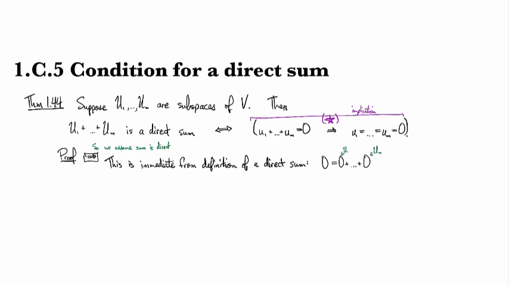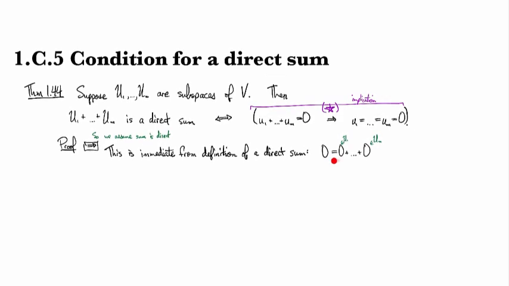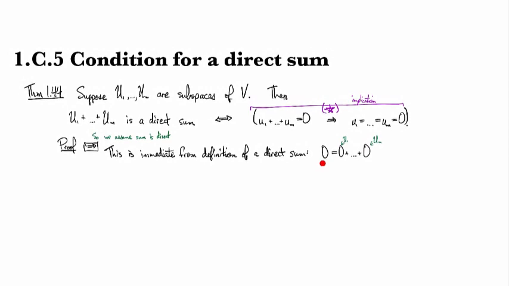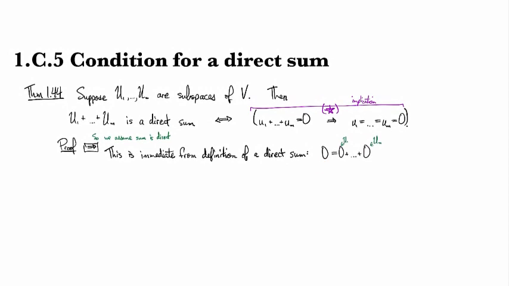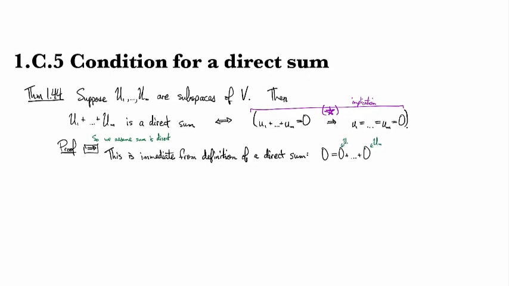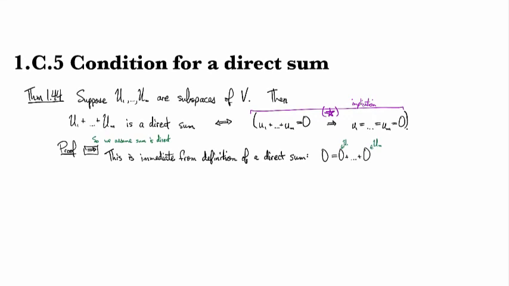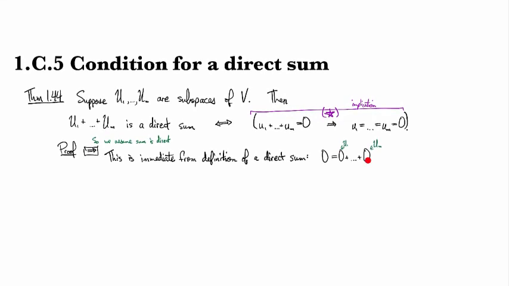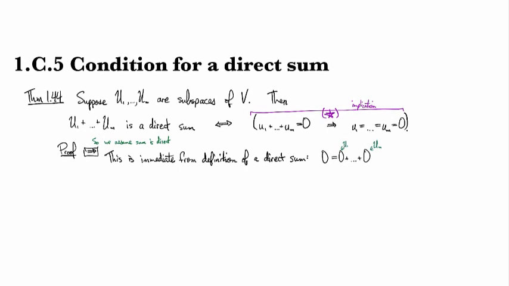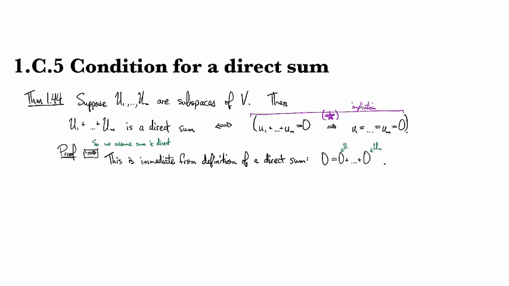And since our hypothesis here is that the sum is direct, that means that such a representation of 0 is unique, and so the only way to represent it is as the sum of zeros itself. And then that shows you that each one of these things in the sum has to be equal to 0. Okay, so that does one direction.